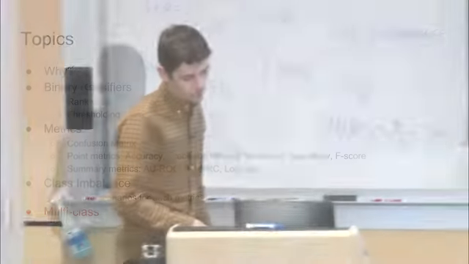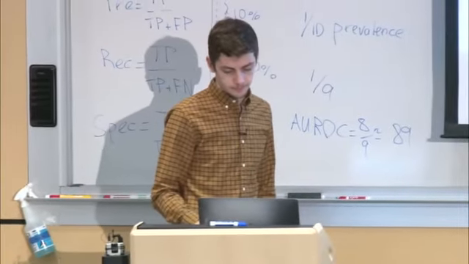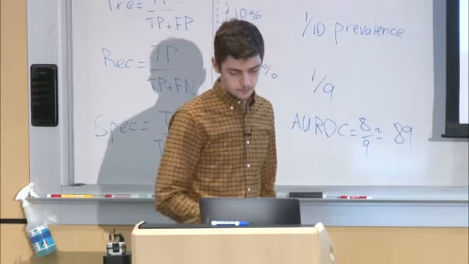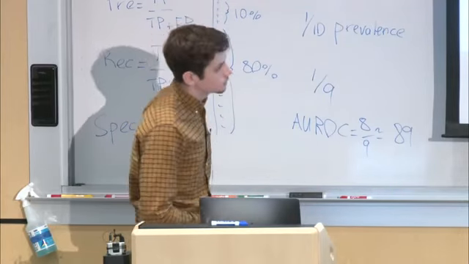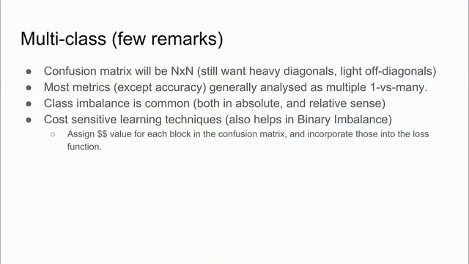Let's very briefly go into multi-class stuff. I briefly alluded to the fact that in a multi-class case, your confusion matrix is going to become n by n, because you have one row and one column per class that you're predicting.